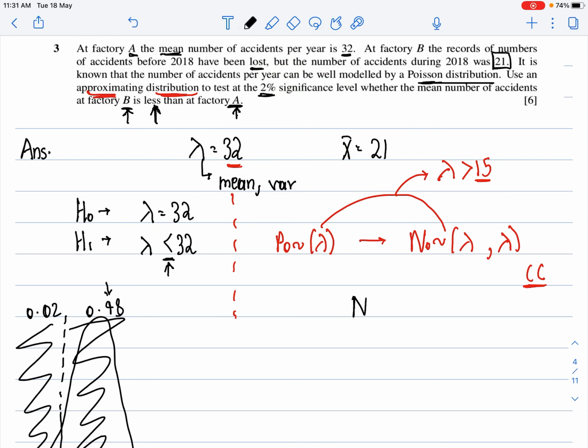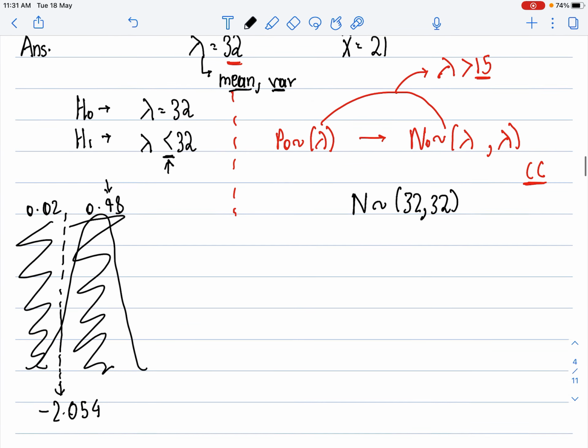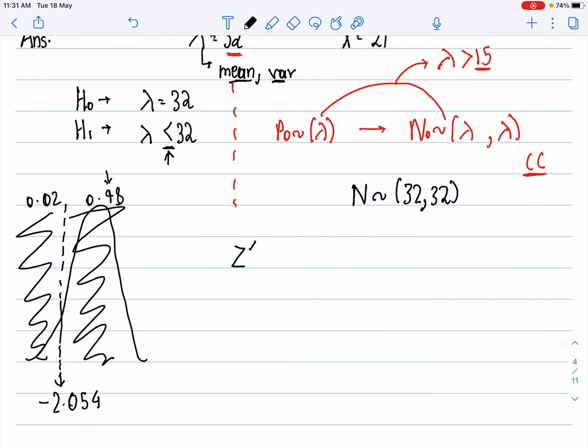So I can write my normal distribution as N(32, 32), because I told you lambda is the mean and the variance. Now I use my formula for z star, which is the value minus lambda over the root of lambda, because we need the standard deviation and my variance is lambda, hence the root of lambda.